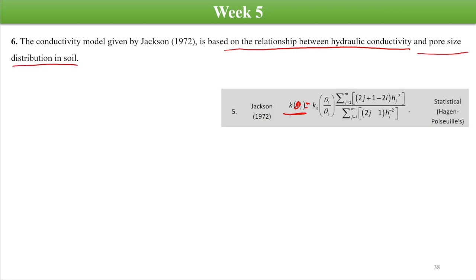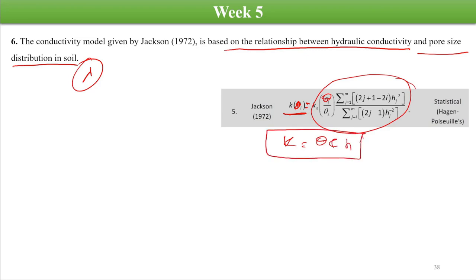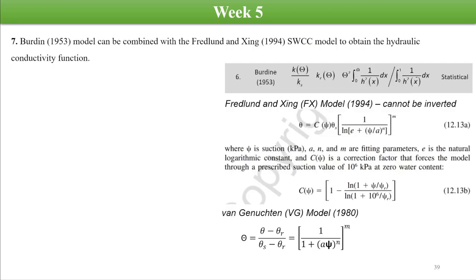The pore size distribution of the soil, or we can say the term lambda that accounts for the pore size distribution in the soil, is not accounted for here. Okay, so here K is a function of theta as well as h. So in that case we can say that this statement might not be correct.